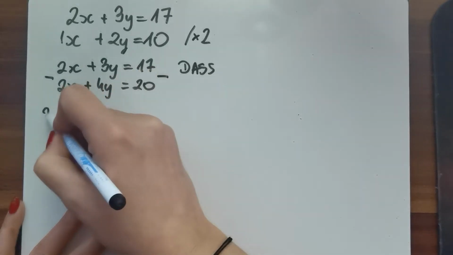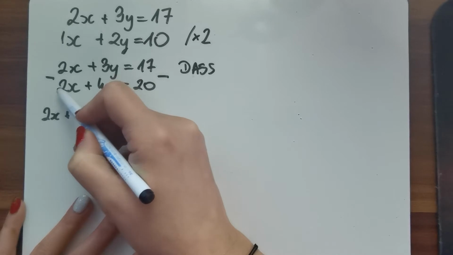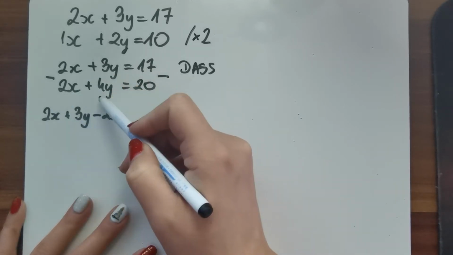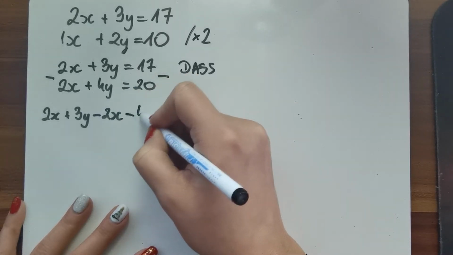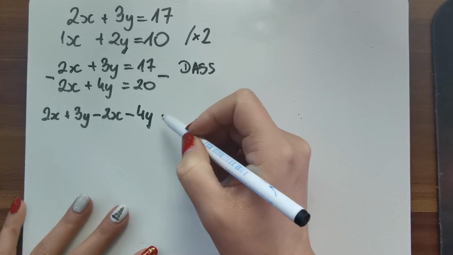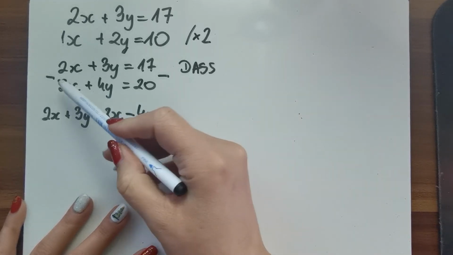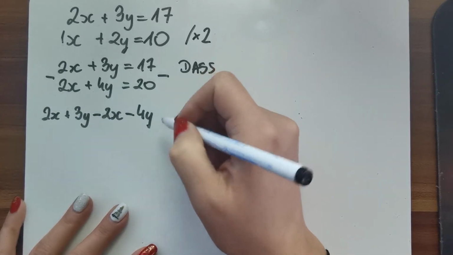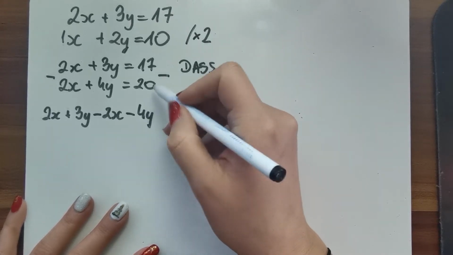So 2x plus 3y, take away 2x, and be really careful, we are taking away the full expression, so we also need to change the sign here, so it will be take away 4y. If you're not sure about the signs, you can always use the bracket and write down this full expression in the bracket. Then you will be able to change the signs and probably will not make any mistakes.